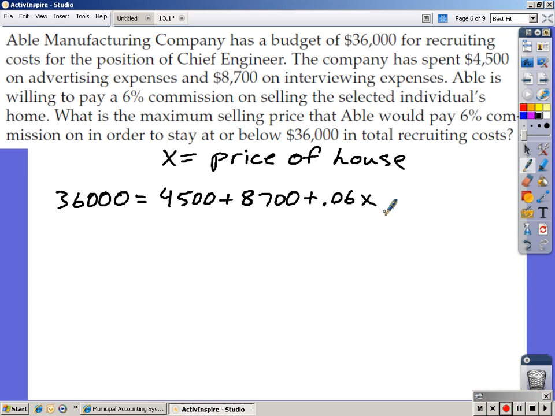So when we work this out, 36,000 equals, add these two together, 13,200 plus 0.06x. Subtract 13,200 from both sides.